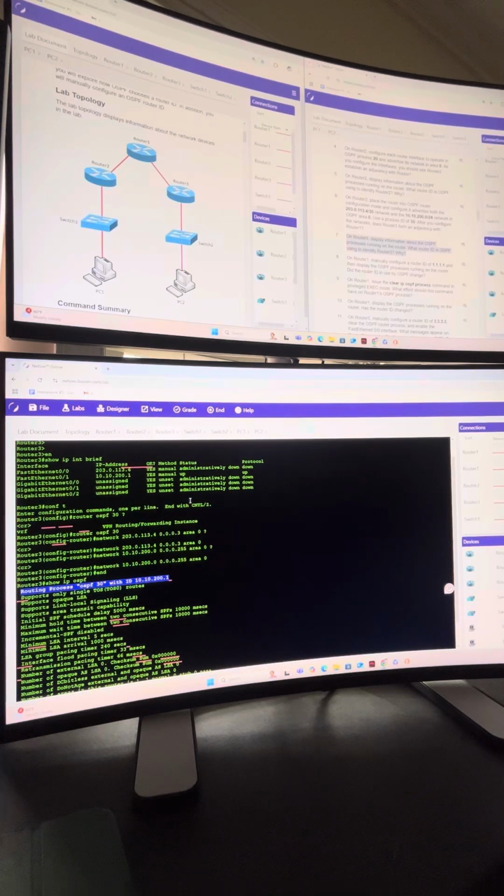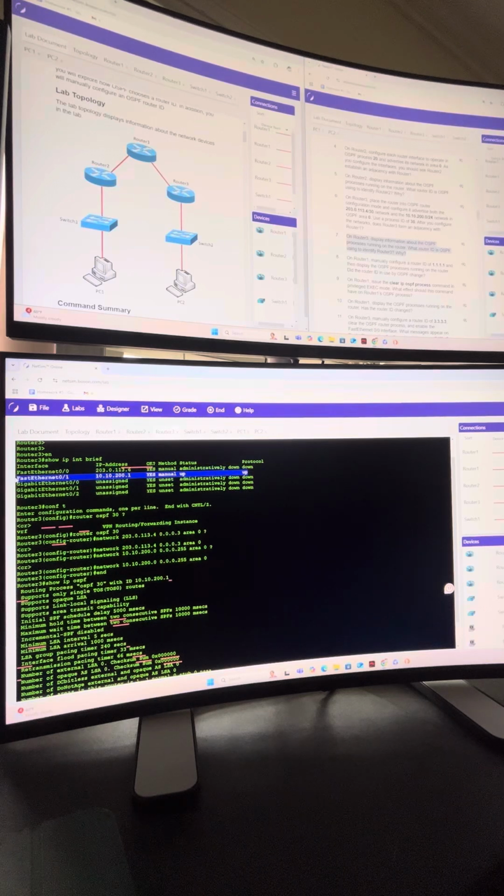And that is because it would have chosen the FastEthernet 0/0 interface because it has a higher IP address. But as we mentioned previously, this interface is administratively shut down. So OSPF cannot use this interface as the router ID.